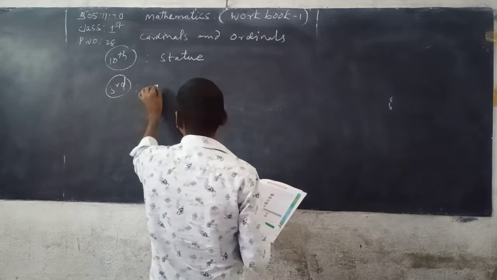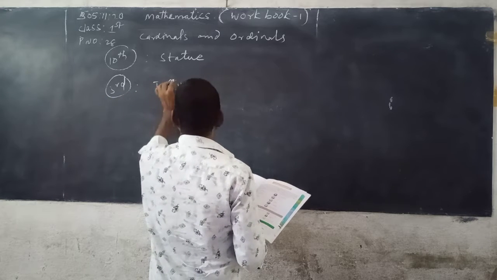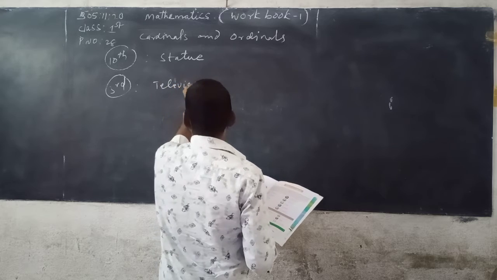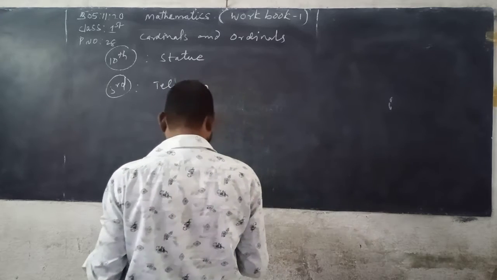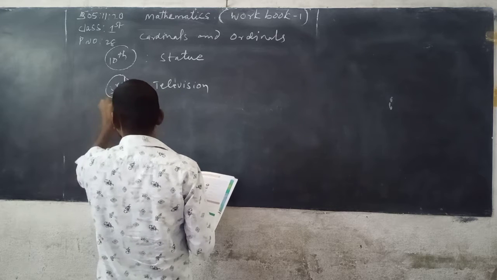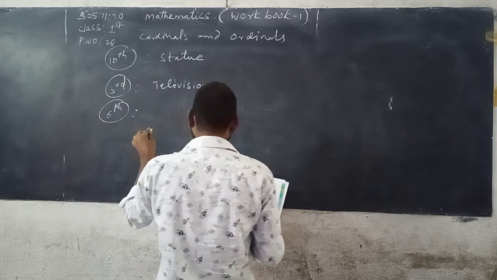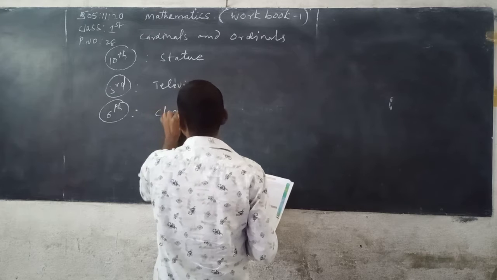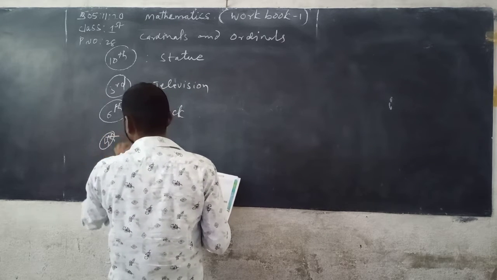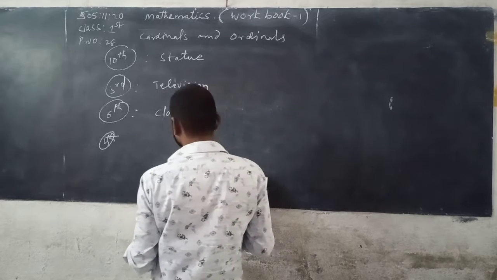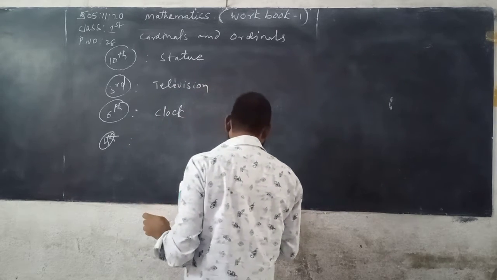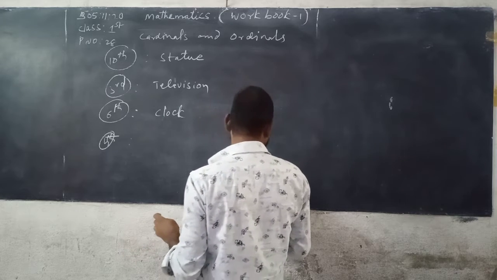In the third rack, there is a television. Next, the sixth rack, there is a clock. Fourth rack. In the fourth rack, Rohan's mom keeps her purse.